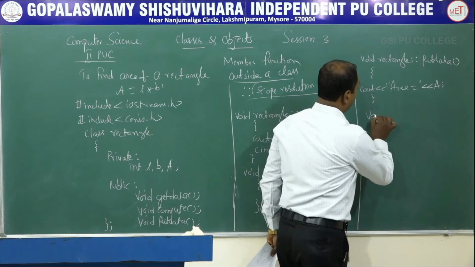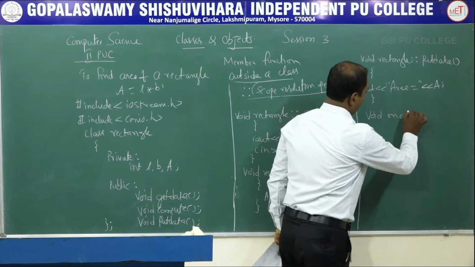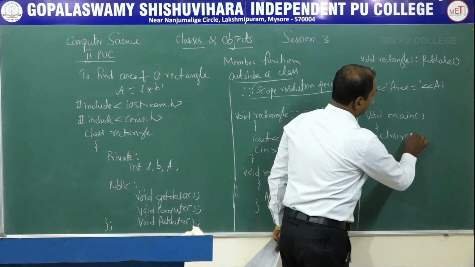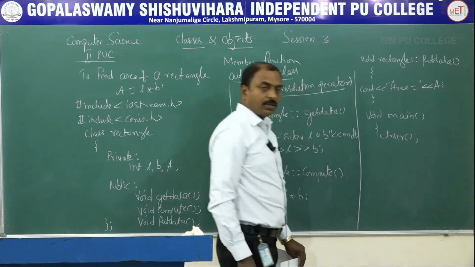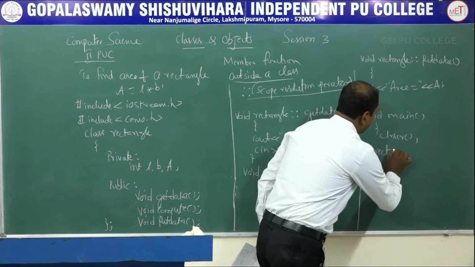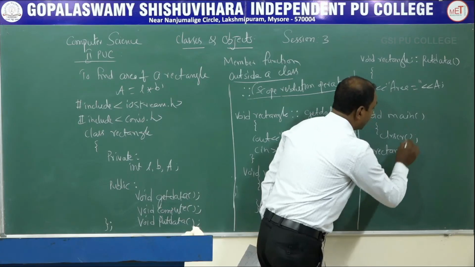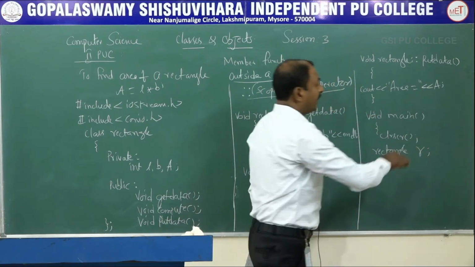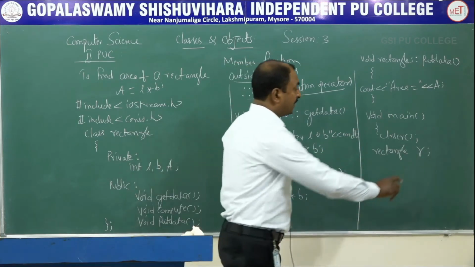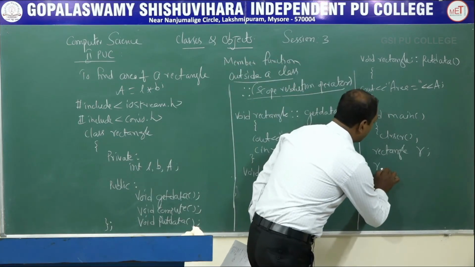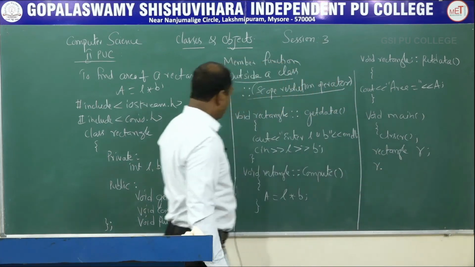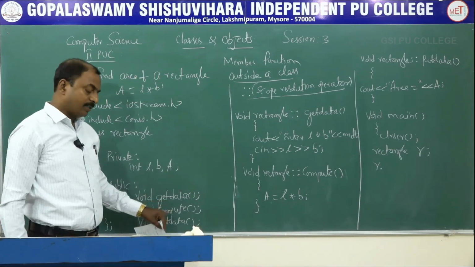This starts with void main function, clrscr. Again, the first step is creation of an object. Rectangle is the name of a class, so I write rectangle space R. R is an object for us. Now how do we call the functions one by one? In the same way, name of the object R, dot operator, and we call the functions in the same order.